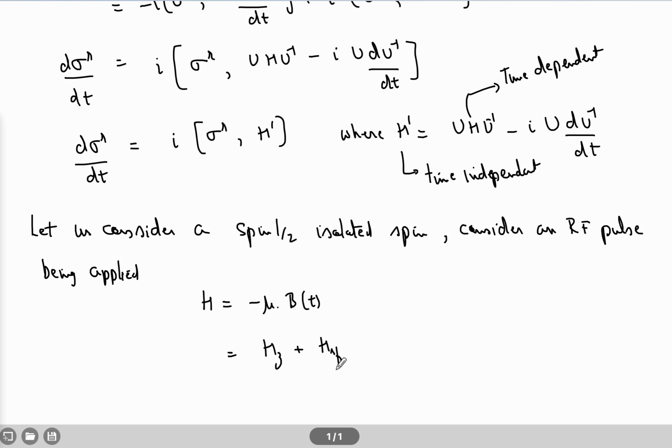So this is coming because of the B1 field, and this is coming because of the B0 field. Both the fields are present, right? Okay, so that's how there are two components to this minus mu dot B(t), B0 and B1.